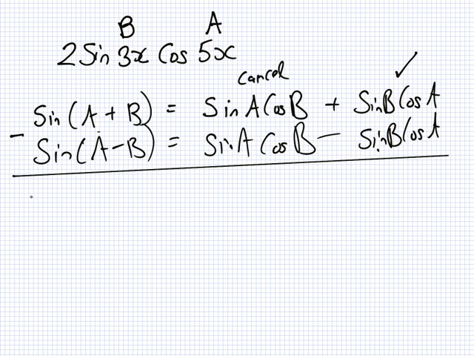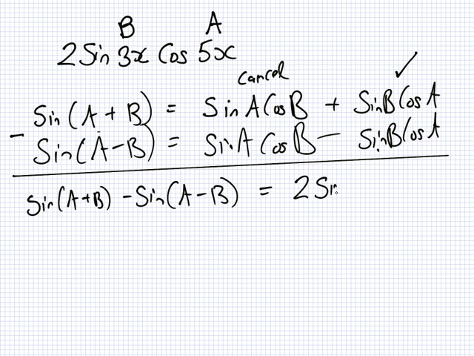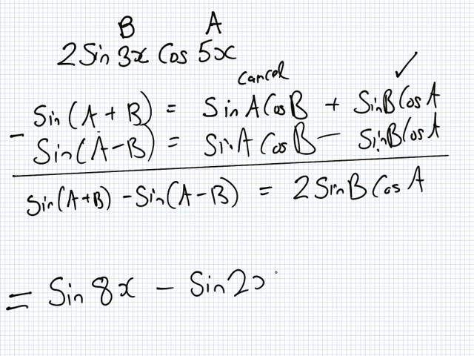If I subtract them, I get sine A plus B minus sine A minus B. That will equal 2 sine B cos A, and that matches up nicely with that. And B is 3x and A is 5x. So the answer is sine A plus B minus sine A minus B, and that's the final answer here.